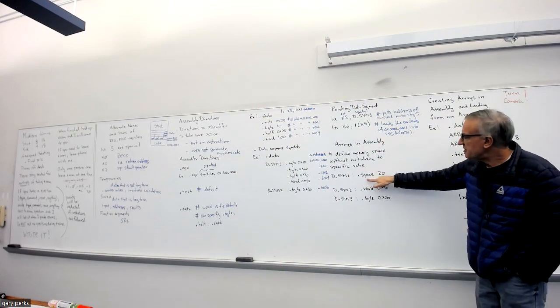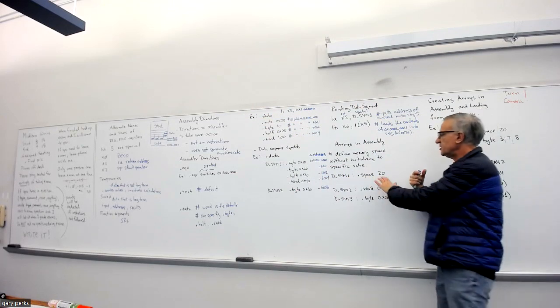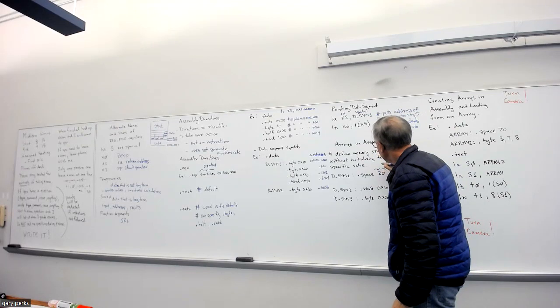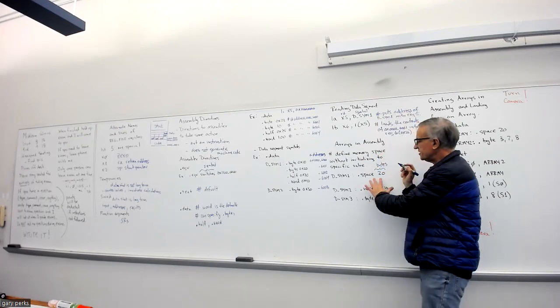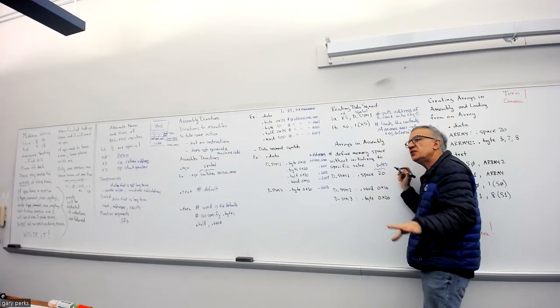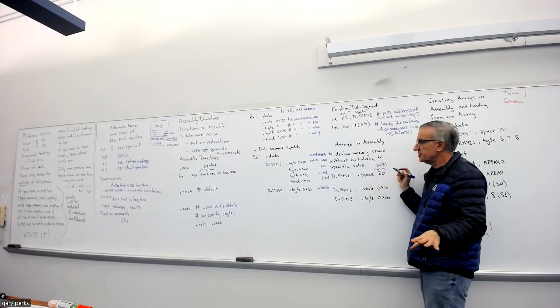So what this .space with the 20 means is that this 20 is bytes. So what this is going to do is allocate 20 bytes of the data segment without putting an initial value.